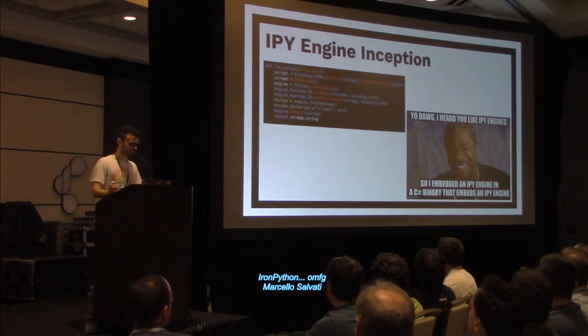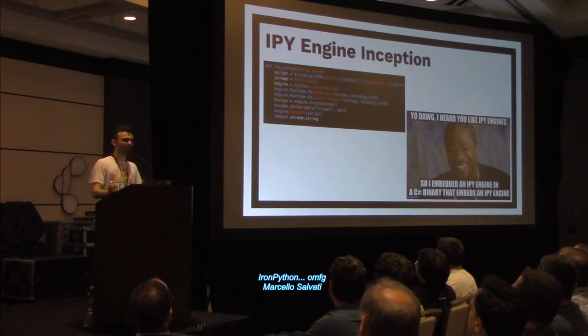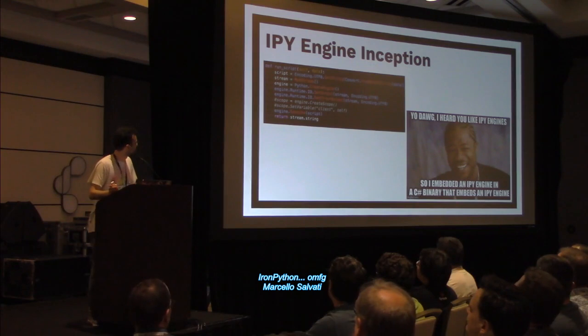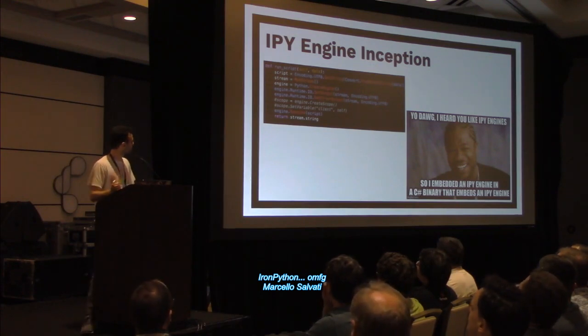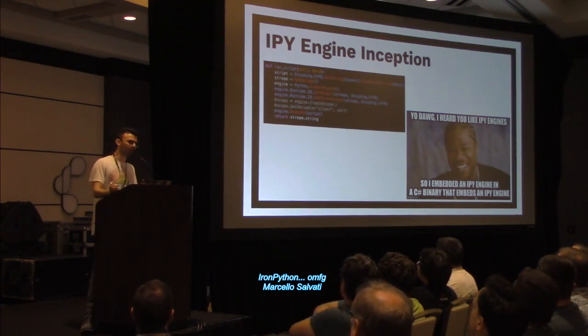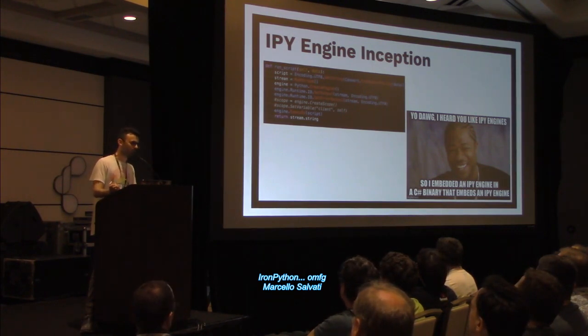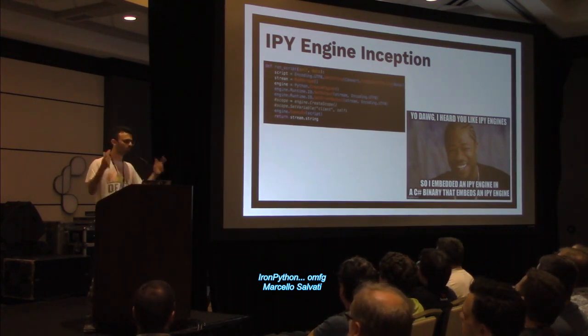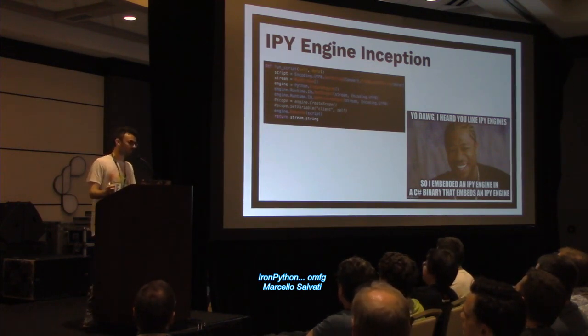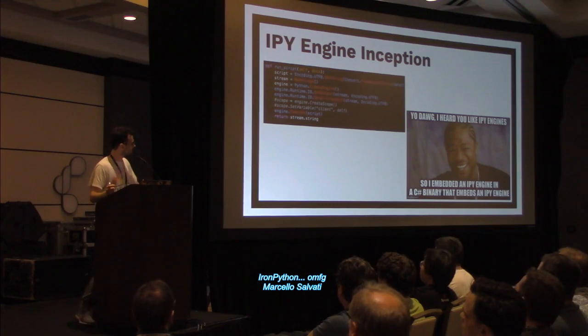So you can embed, everyone stay with me here, I'm struggling myself to explain this in a concise way. You can embed an IronPython engine within an IronPython engine within the C# binary. You can embed multiple IronPython engines within IronPython engines, which is awesome.